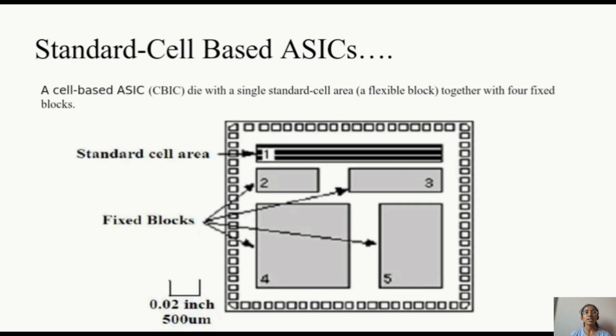As you are seeing, this is the structure of a standard cell based ASIC, where the first block is the standard cell area, and the blocks numbered 2, 3, 4, 5 are the fixed blocks. The cell based ASIC, that is CBIC, die has a single standard cell area, a flexible block, together with 4 fixed blocks.